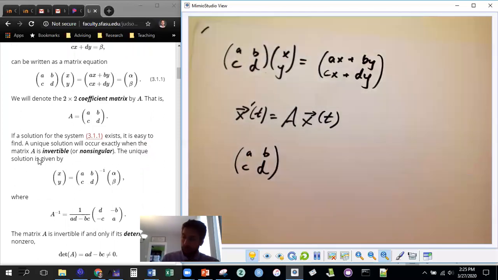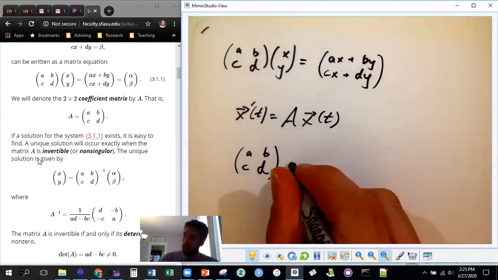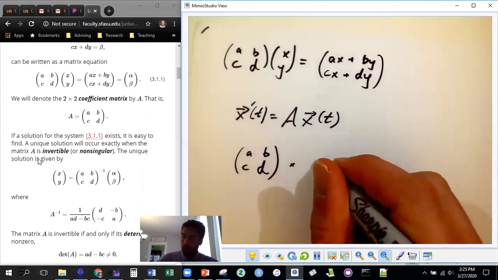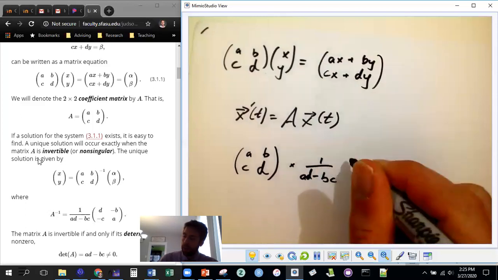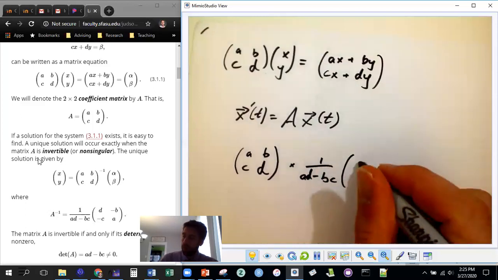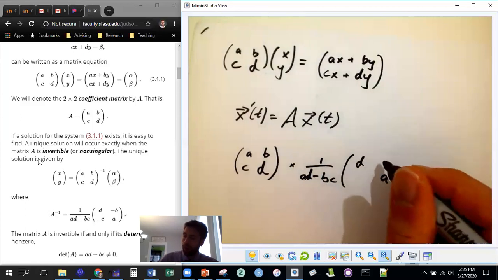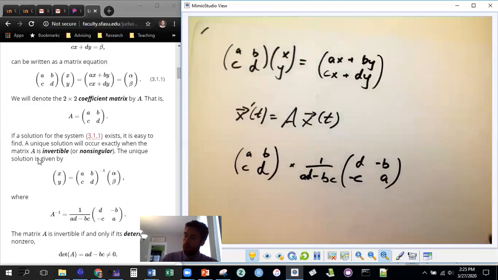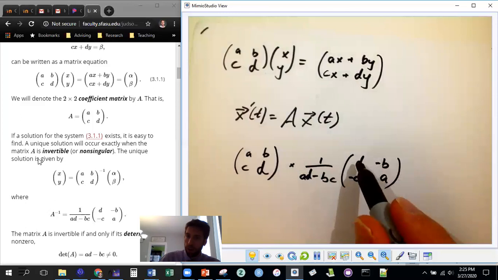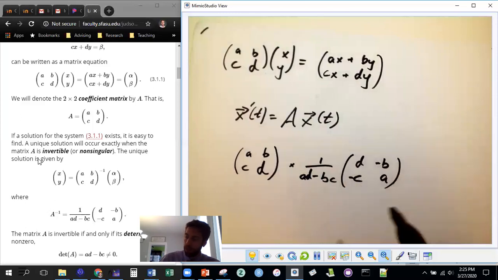If I multiply this matrix by the matrix with the scalar 1 over AD minus BC times the diagonal swapped and the off diagonals made negative, what I'm going to get is what's called the identity matrix, which will have a 1 here and a 1 here and a 0 and a 0. So let's do this. Let's move the scalar out front of everything.